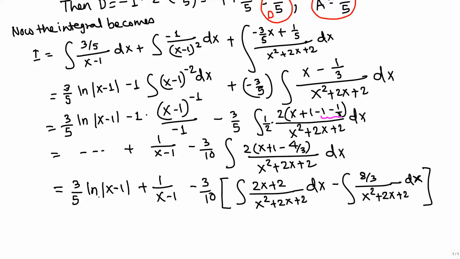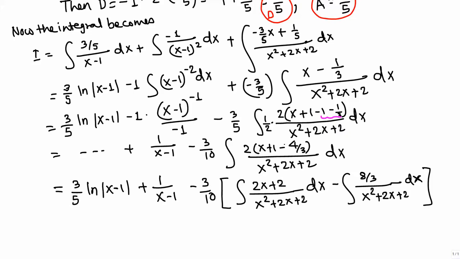We have 3/5 natural log of x minus 1 plus 1 over x minus 1, negative 3/10. Now we want to separate this top into two integrals, because when we distribute this 2, this is 2x plus 2, just leave that. 2x plus 2 is the derivative of bottom.